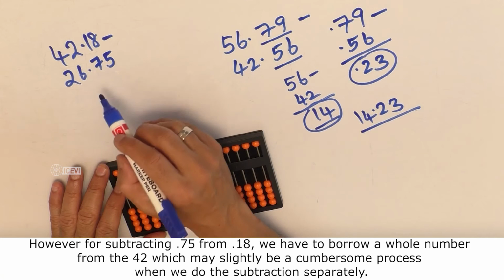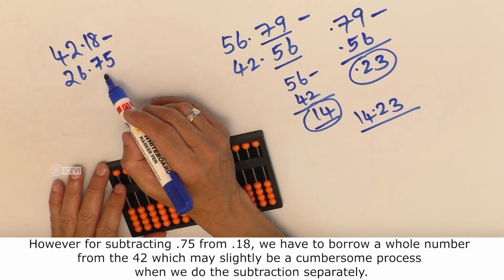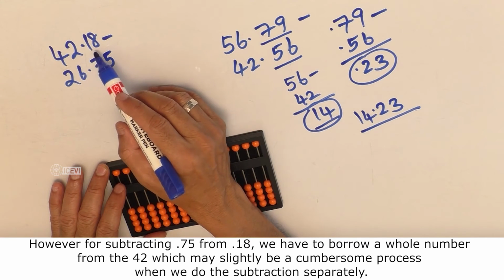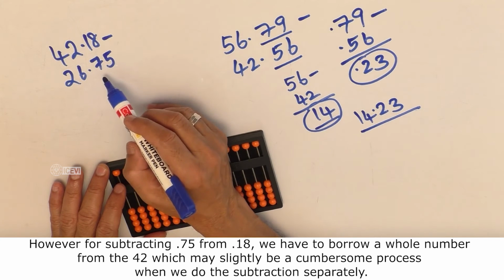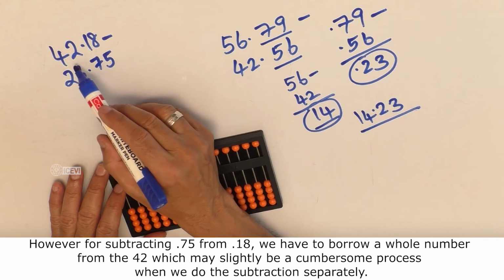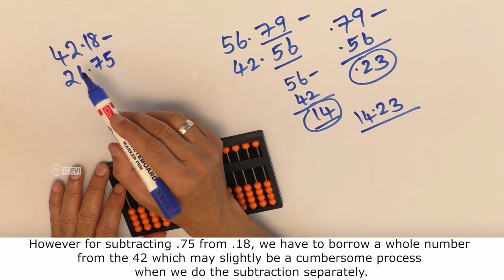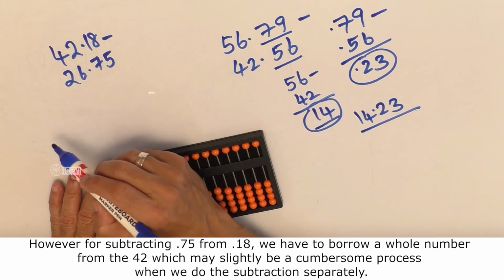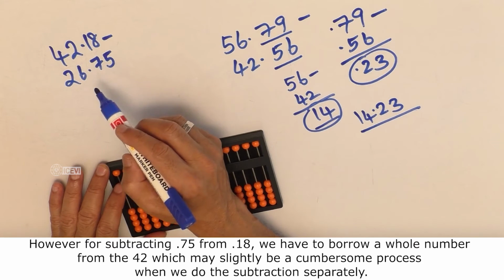However, for subtracting 0.75 from 0.18, we have to borrow a whole number from 42, which may slightly be a cumbersome process when we do the subtraction separately.